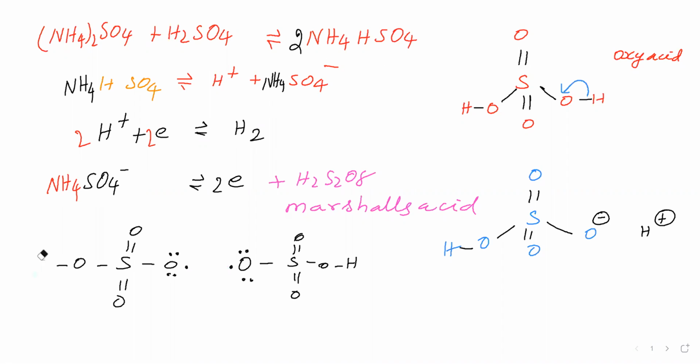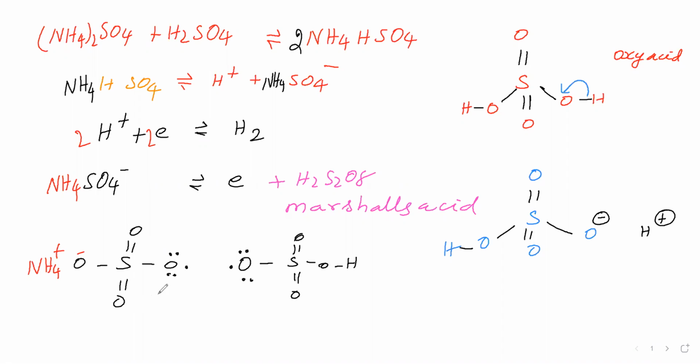Now we will see how the structure of this NH4SO4 minus looks: NH4 plus, O minus, and SO4 minus. It goes to the anode and loses an electron, so the negative charge vanishes. It has lost one electron.